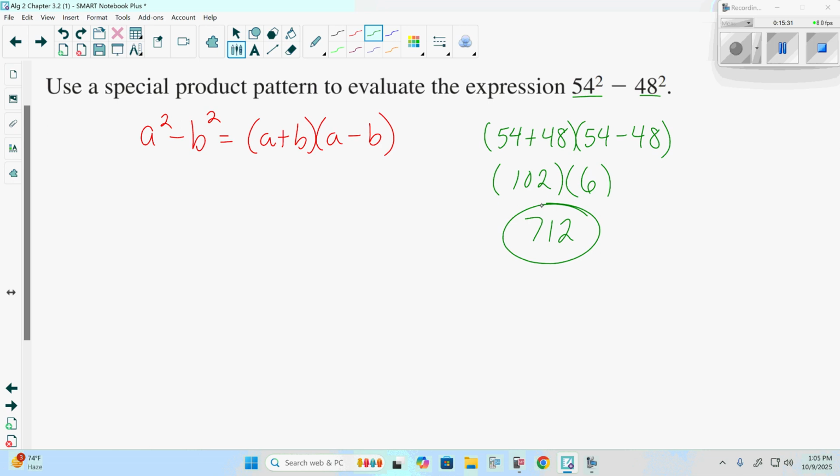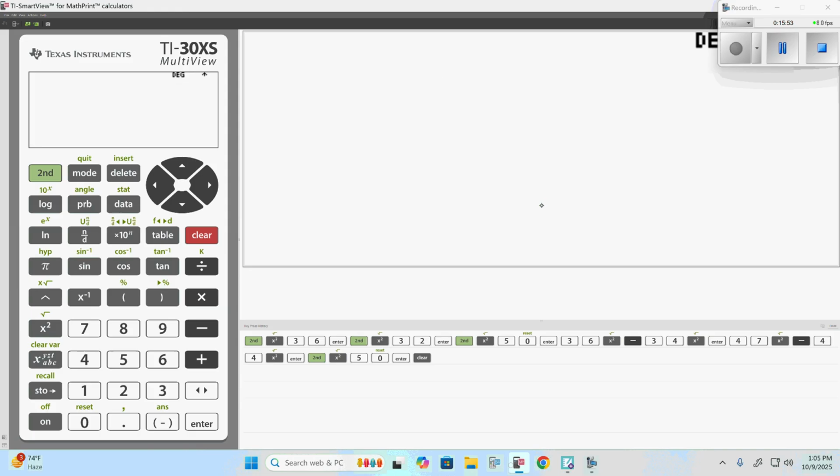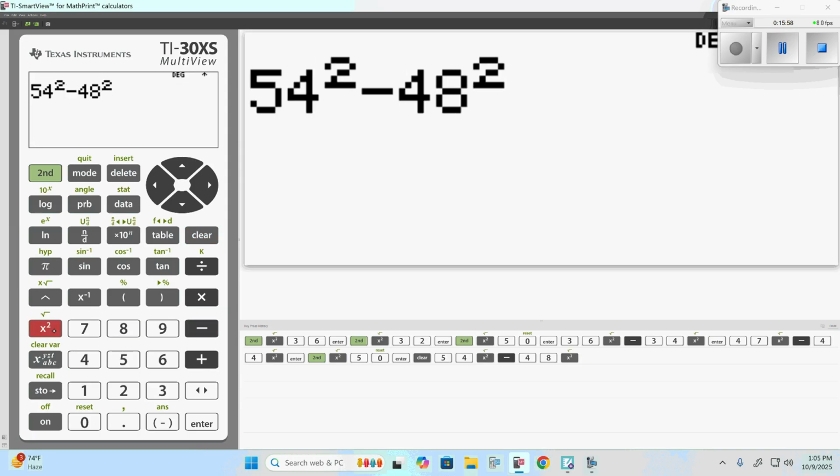Interestingly enough, the academics has thrown one or two of these on in there. This is all it's asking. Simplify the following expression and they give you two numbers squared. This is all it's asking us to do. Because just trying to do 54 squared minus 48 squared would take a bit. Here, 54 plus 48 times 54 minus 48, 102 times 6 is 712.